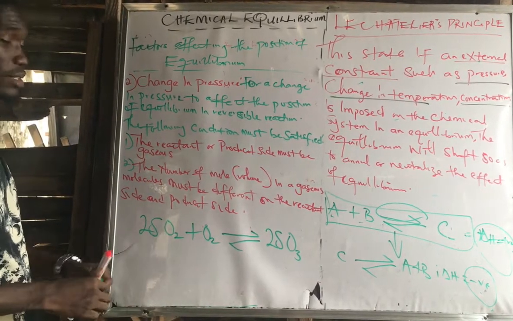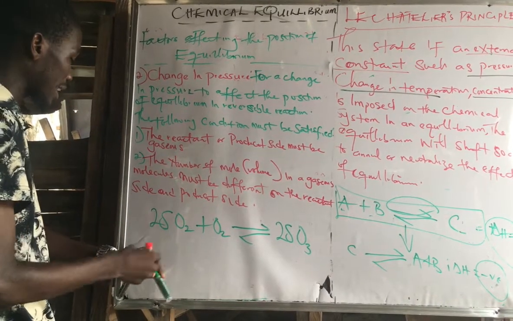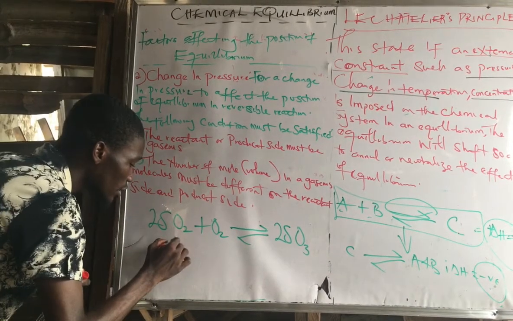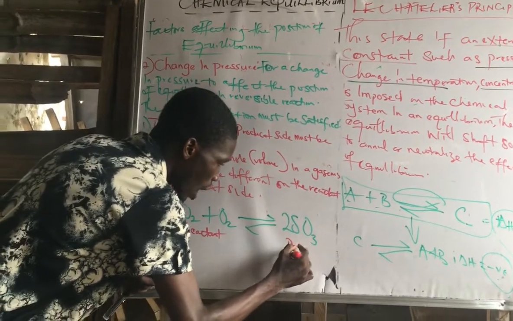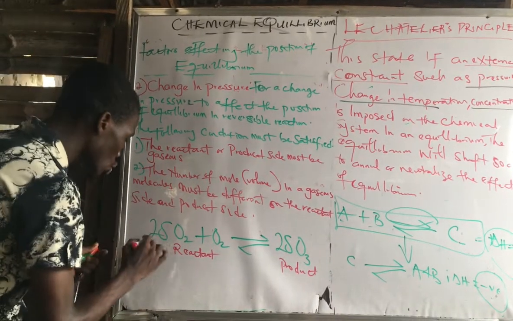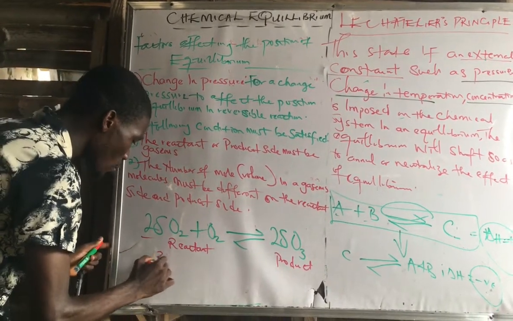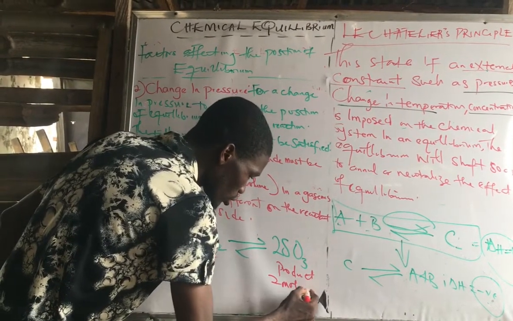So now this is balanced. So let's take the number of moles I have at my reactant side. So this is my reactants and this is my what? My products. So the number of moles I have here is 2, 1 here, so we have 3 moles. And here I have what? 2 moles.